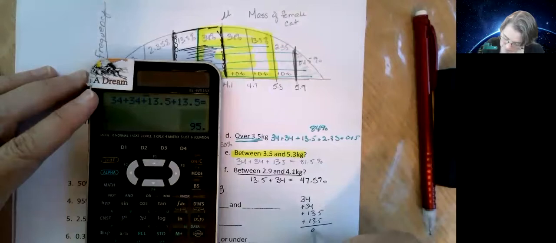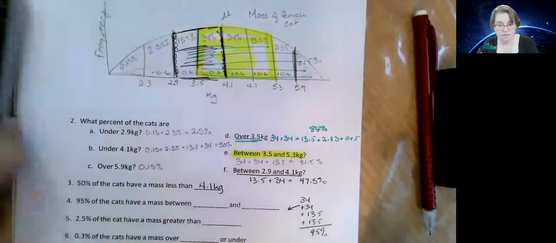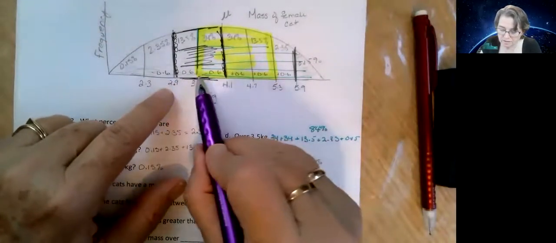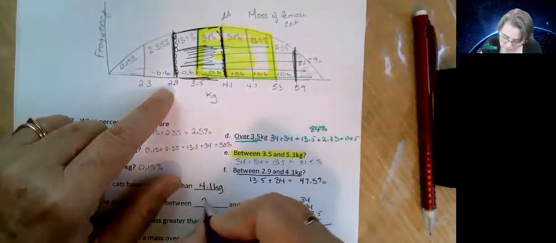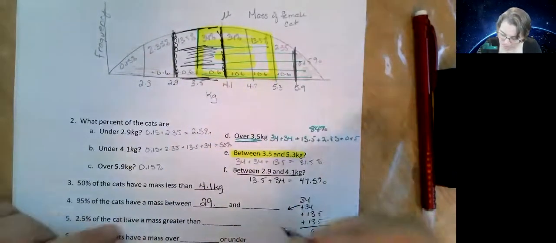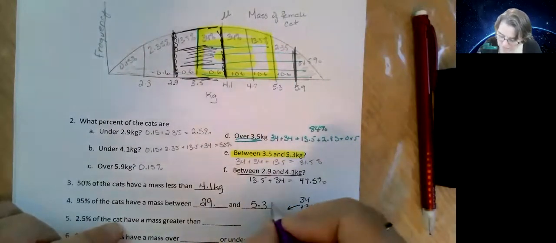All right, so just a reminder, and that's where that answer came from. So there's my mean. If I go down to 2.9 on the bottom, and if I go up to 5.3. All right, oops, kilograms.